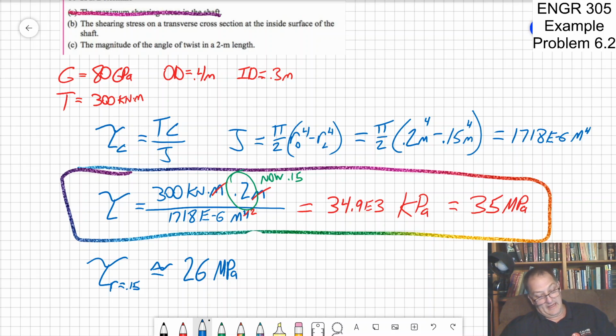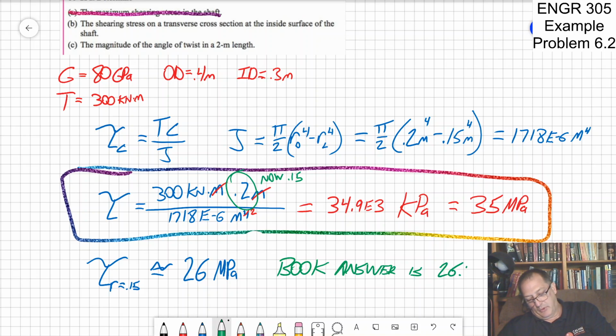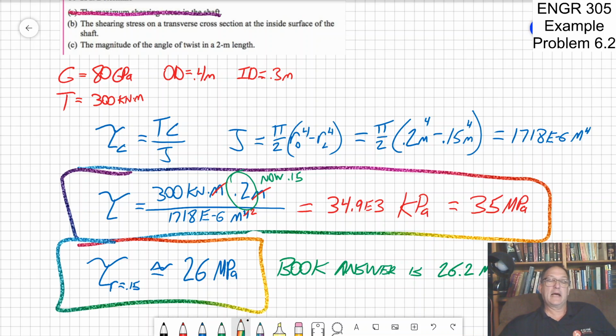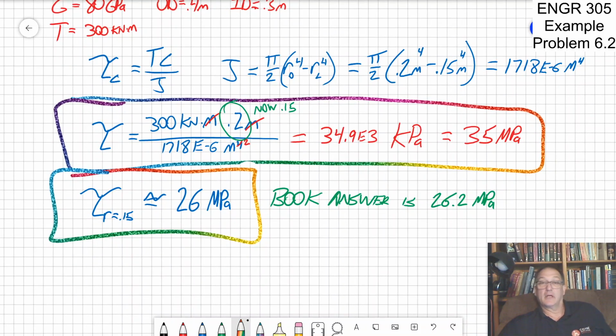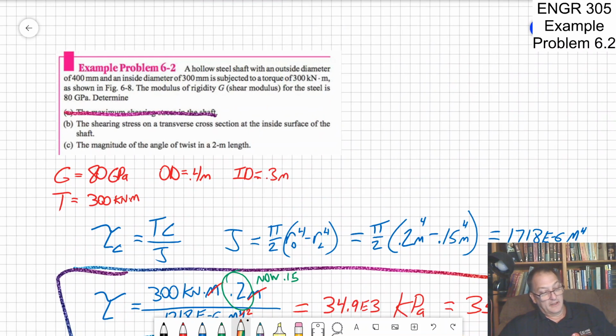I will tell you that the book answer for this is 26.2 megapascals. I am sticking with my subtract 9 solution, because 1/4 of 35 is pretty close to 9. Again, I got my bug in the way. All right, the shearing stress, we did that.